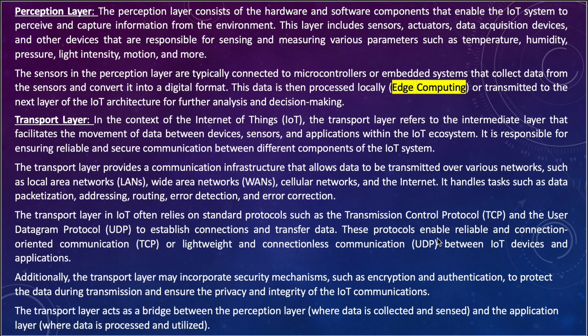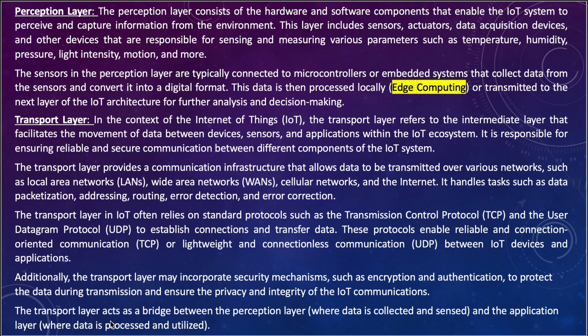These protocols enable reliable and connection-oriented communications, which is TCP, or lightweight and connectionless communications, which is UDP, between IoT devices and applications. Additionally, the transport layer may incorporate secure mechanisms such as encryption and authentication to protect the data during transmission and ensure the privacy and integrity of the IoT communications.